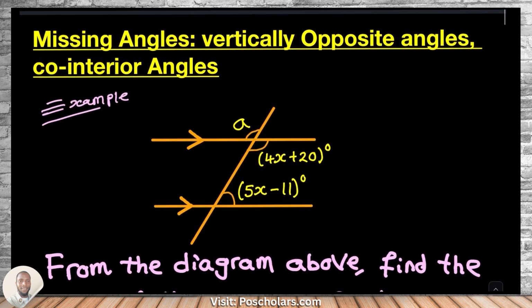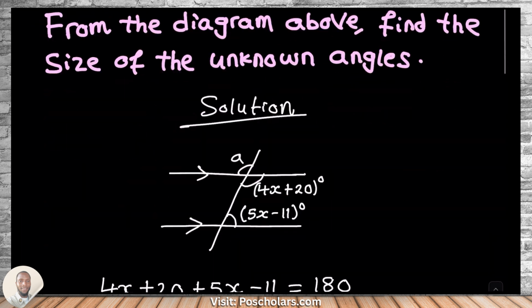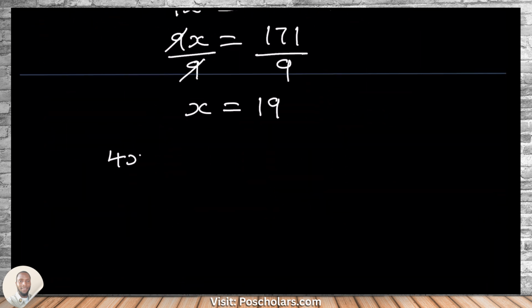So we'll come back to the diagram. We have gotten x as 19, but we want to find the value of this whole angle. To do that, we simply substitute the value of x into this algebraic expression. So we have 4x plus 20. We substitute this x with 19 because we now know the value.